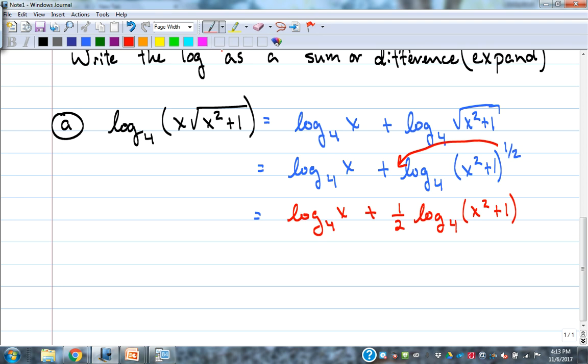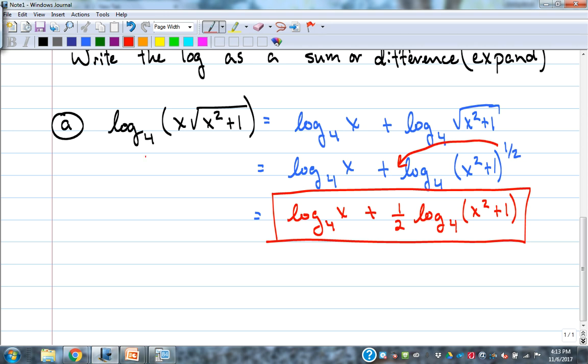I don't have any properties of logs that let me split up an addition problem. I only have properties of logs that let me split up multiplication or division problems or exponents. So once I get there, that's all I can do to this problem, and that's expanded as far as it will go. There's nothing else that you could do to that problem.